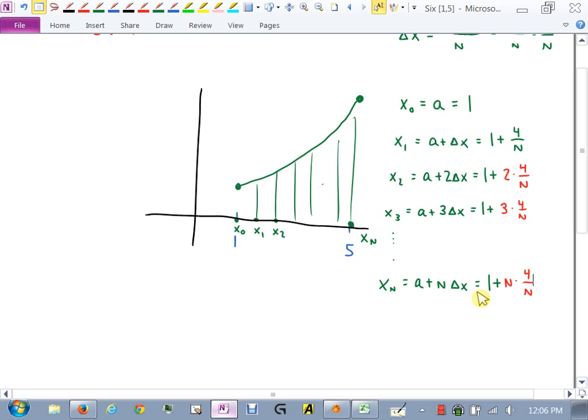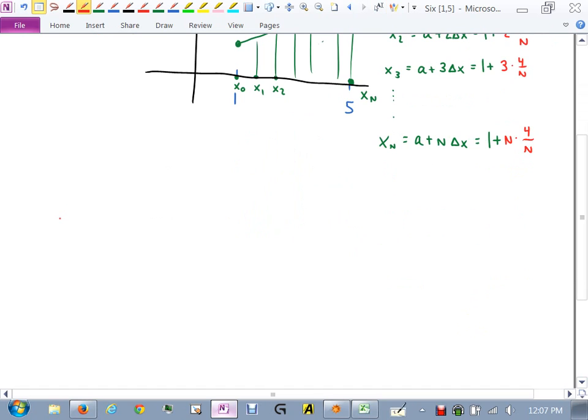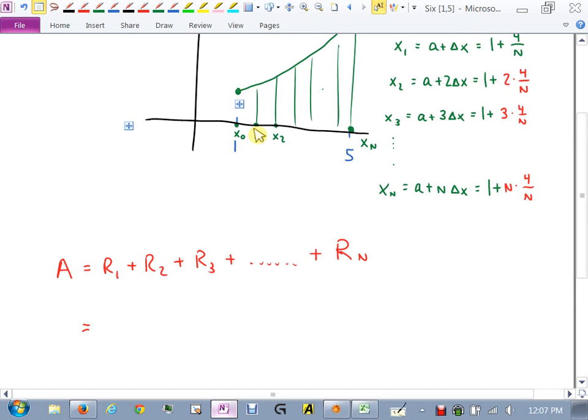All right, are we there or not? Yes? Okay, let's figure out what the area of all these rectangles are together. The area is rectangle 1 plus rectangle 2 plus rectangle 3 all the way till I get to the nth rectangle. Agreed? What is the formula for the first rectangle's area? How tall is the first rectangle?